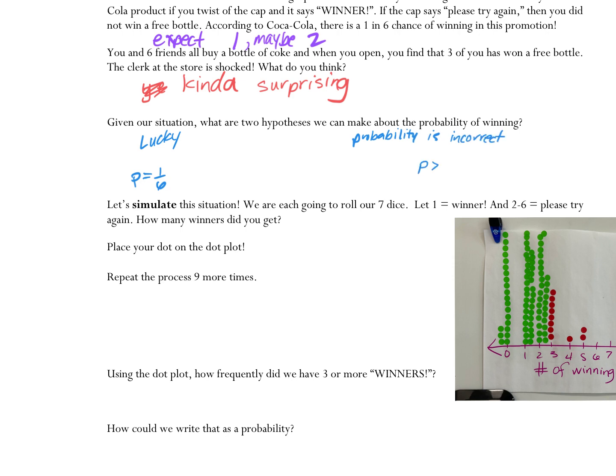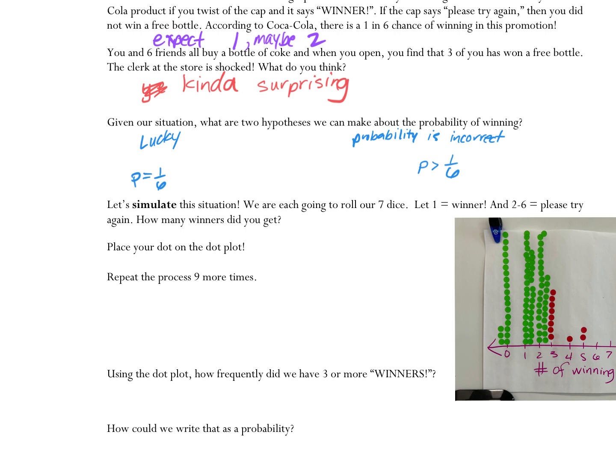It's bigger than 1/6. So we're going to kind of operate in this world of when it comes to making decisions, we got to decide which one of these 2 things is the right explanation. Cool? And to do that, we're going to use a probability to make said choice.